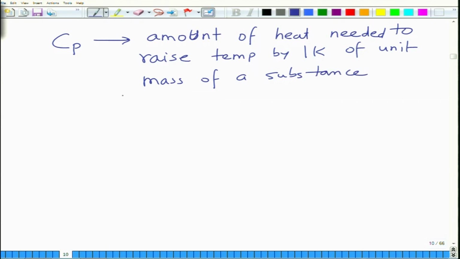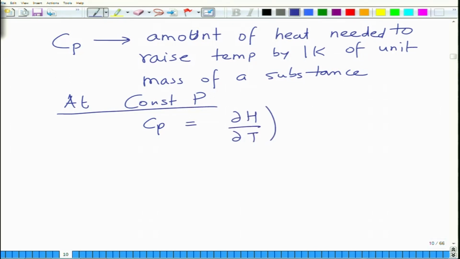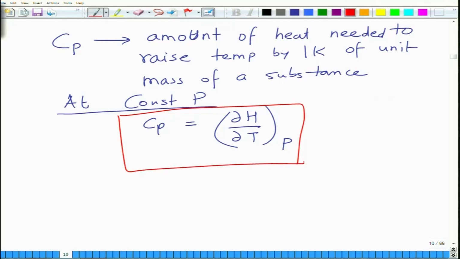Okay. So, at constant pressure Cp is defined as del H by del T at constant pressure. So, this is the expression that you have for this, comes from basic thermodynamics.